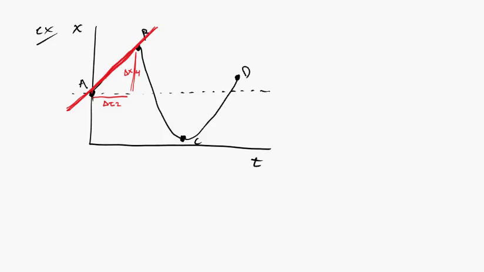So let's change the color here. Let's say that I started at A and then looked at the point C here. Now my velocity is changing all the time, but if I'm looking at the average velocity over those 2 points in time, I would care about the total change in x and the total change in time there. Now in this case, total change in x is going to be negative.